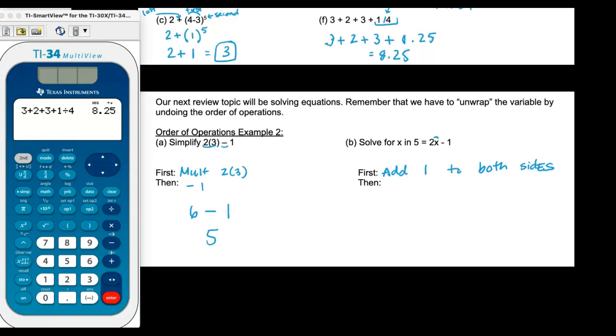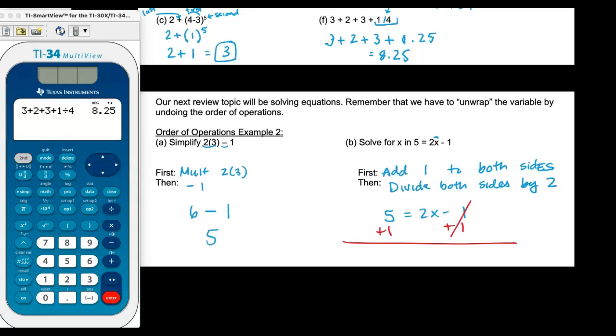And then the second step is going to be divide both sides by 2, because 2 is being multiplied by x, so the opposite is division. So just to see that worked out real quick. I would add 1 to both sides, again, because I'm undoing the order of operations, so we're undoing the subtraction before the multiplication.